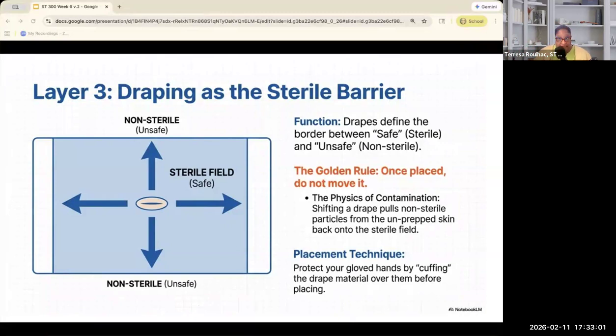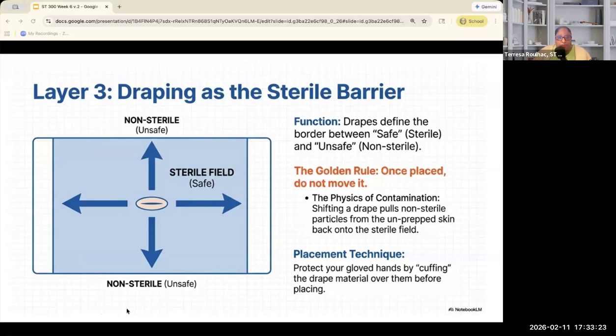Once a drape is placed, they define the rules of the environment. Everything inside the field is considered safe. Everything outside is not. Draping doesn't just cover the patient, it establishes that sterile workplace where surgery can actually happen pretty safe.